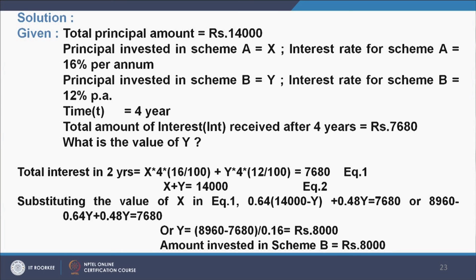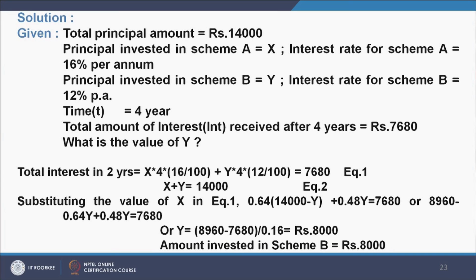So, the total interest in 4 years is equal to X into 4 into 16 by 100 plus Y into 4 into 12 by 100 is equal to 7680. Let us call it equation 1, and the second equation, X plus Y is equal to 14,000, we call it equation 2.